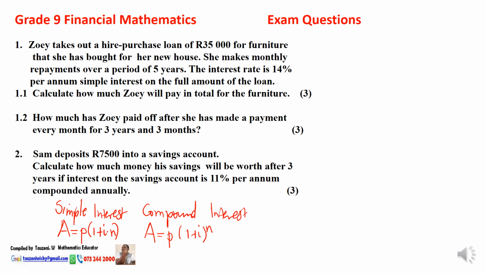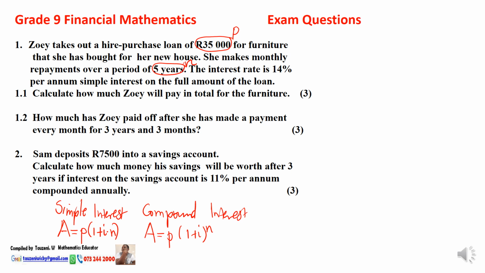Let's start. The loan is a value of 35,000. The amount of the loan is the value of P. She makes monthly payments over a period of 5 years, so 5 years is the value of n.